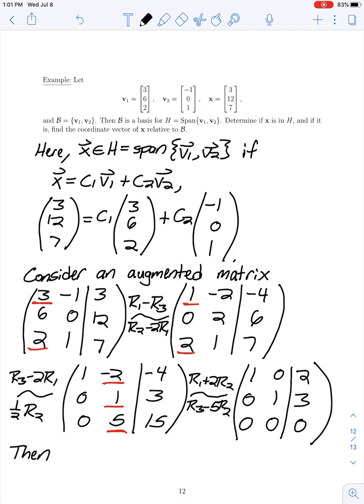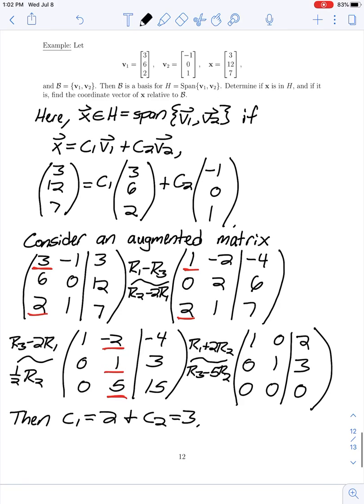So we find that the coefficients for this vector x relative to the basis B are 2 and 3.